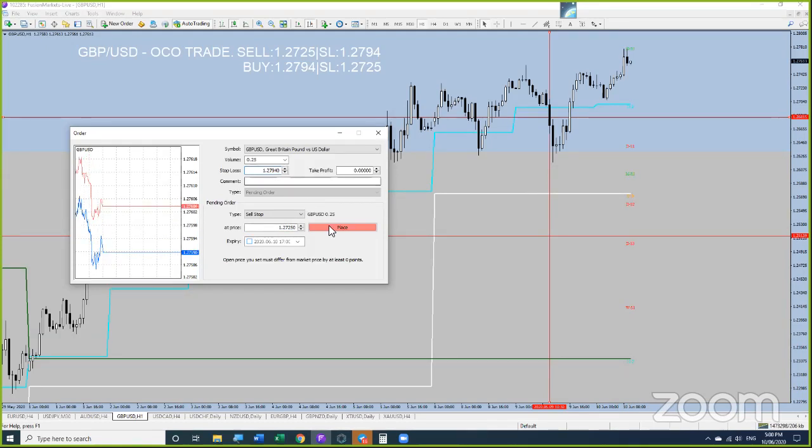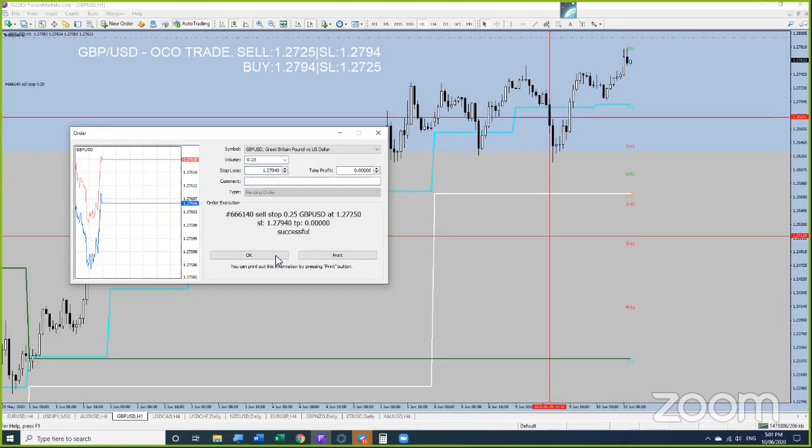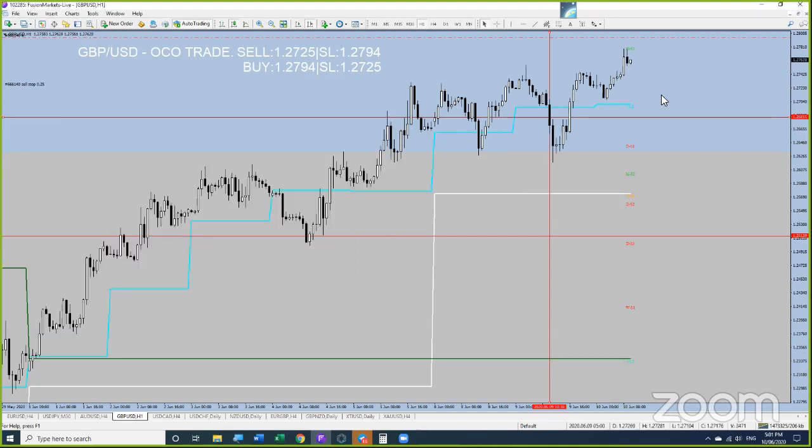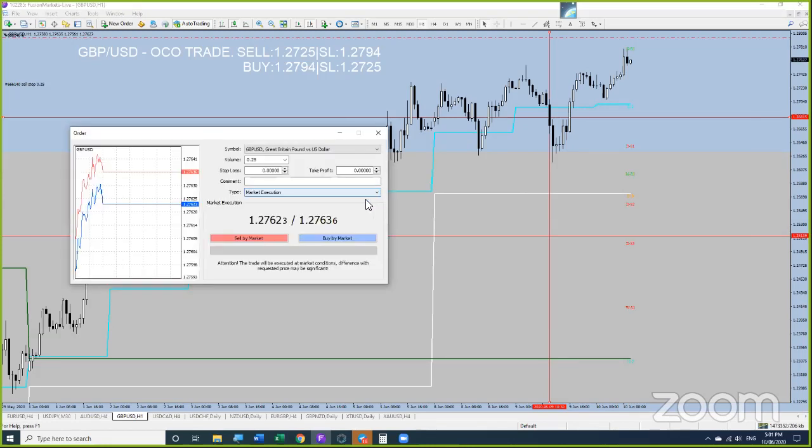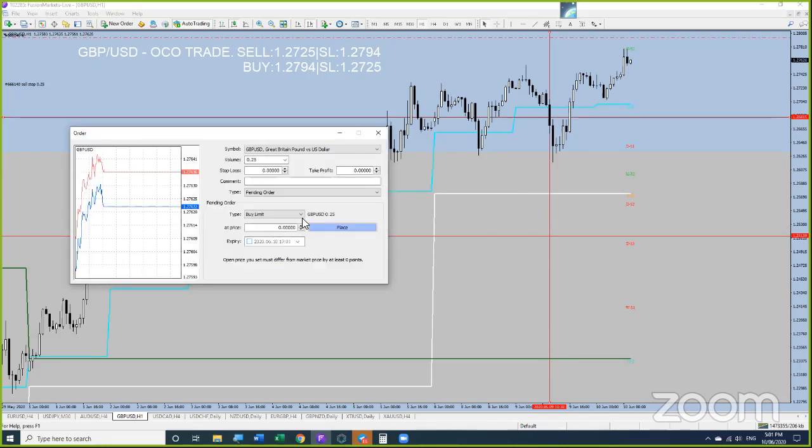The reverse, of course, will be for the buy order. New order, buy stop. Okay, so the market is open. The buy stop is at 127.94, and the stop loss for the buy stop is at 127.25.